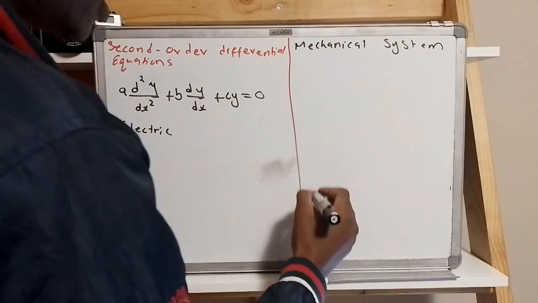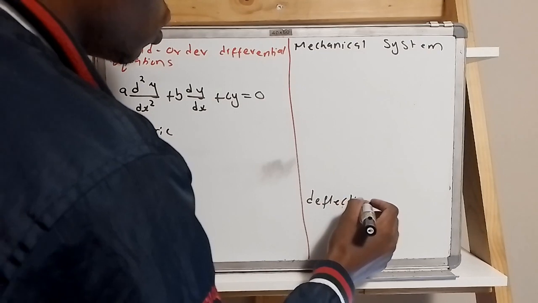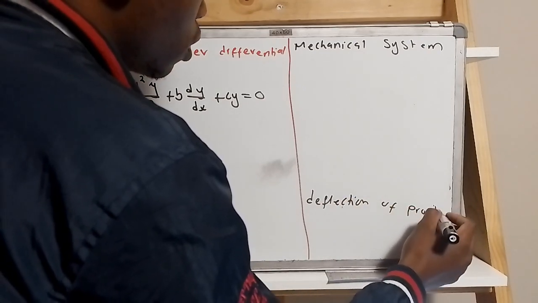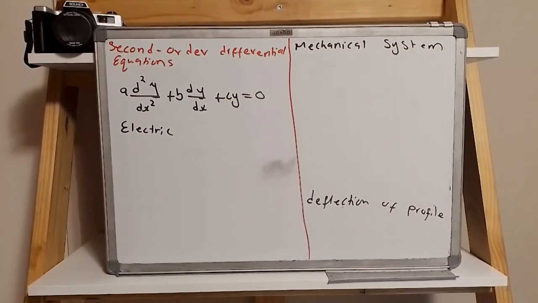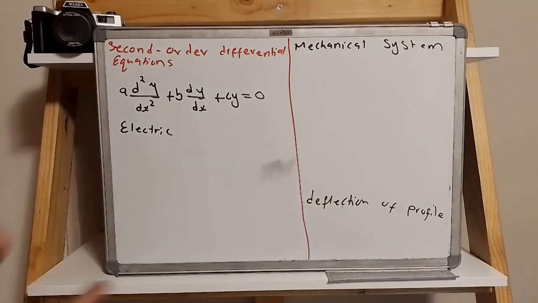And the third one is the deflection profile. Right? Now, let's try to take this general equation and make it in terms of electricity.